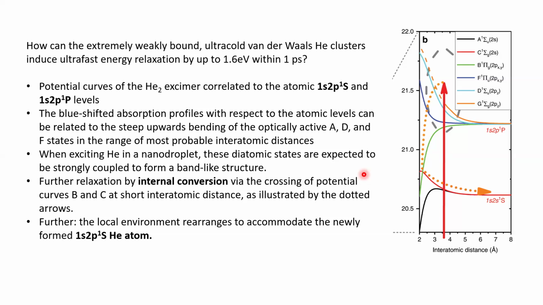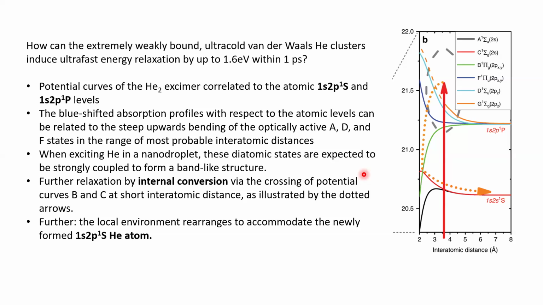This range of most probable interatomic distances is shown here as a gray dotted line circle. In this region, these optically active A, D, and F states are the most probable. After exciting the helium in a nanodroplet, these diatomic states are expected to be strongly coupled to form a band-like structure.